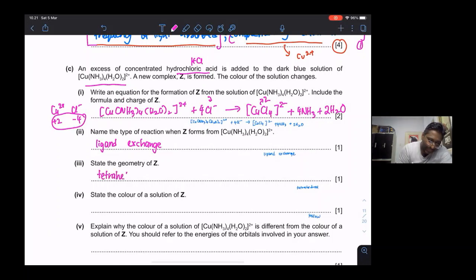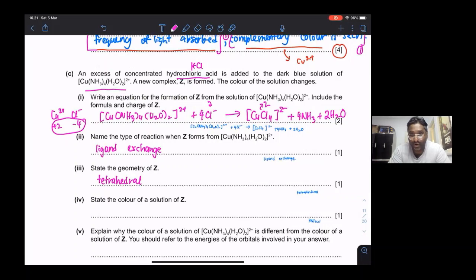So do remember, for 4 coordinate bonds, like CuCl4, you can have either tetrahedral or square planar. For tetrahedral, CuCl4.